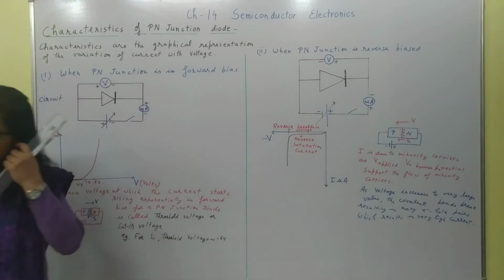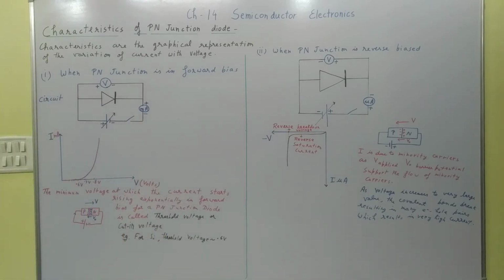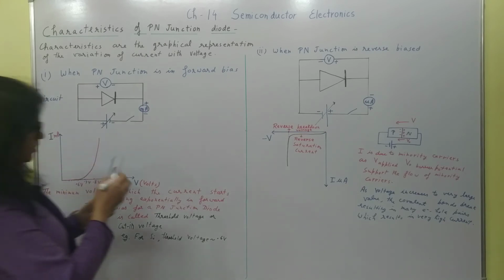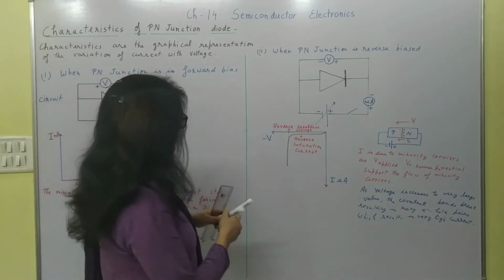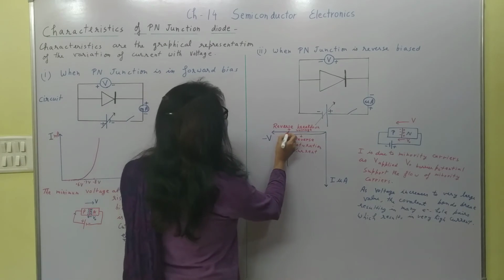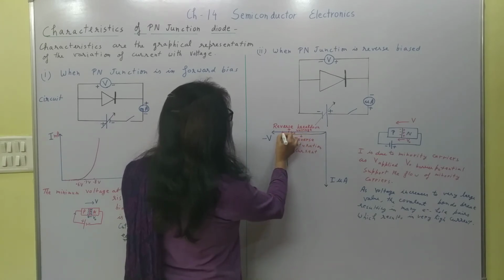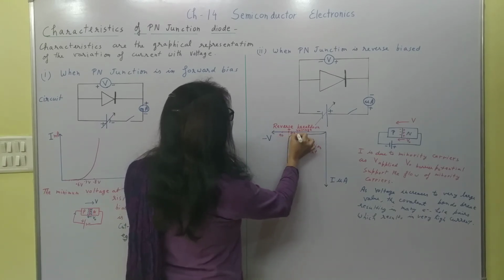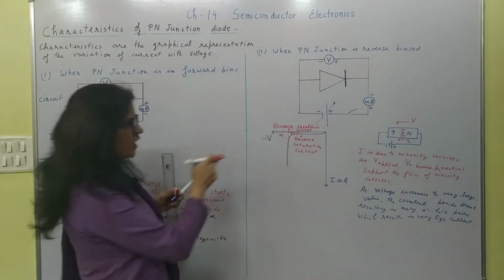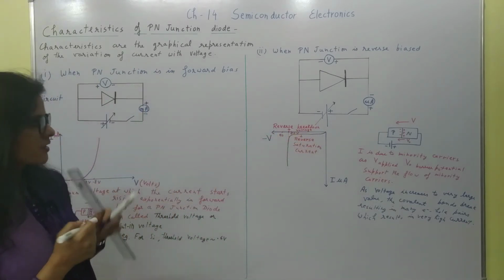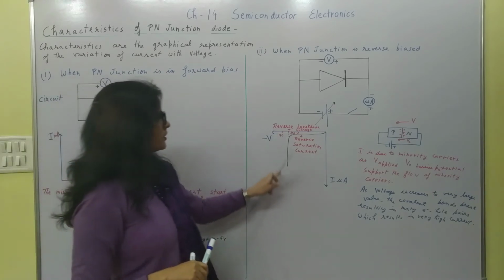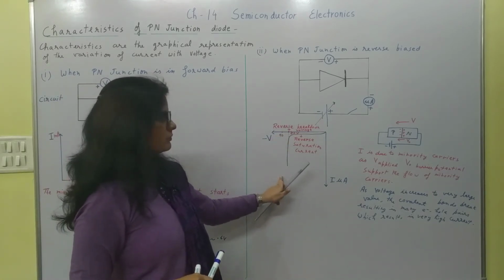So this is the breakdown voltage, reverse breakdown voltage, and this value is nearly 83 volts. So you can say here it is 80 volt, here it is 90 volt. So you can see easily that a very high value of reverse voltage is required for reverse breakdown, right?